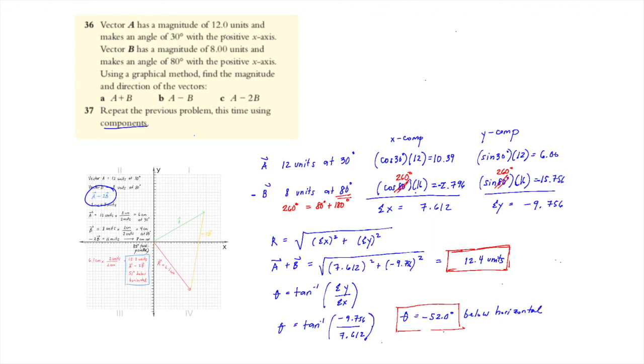So somehow in our graphical method, that is 51 degrees below horizontal. So this is still not bad for the graphical and analytical results.